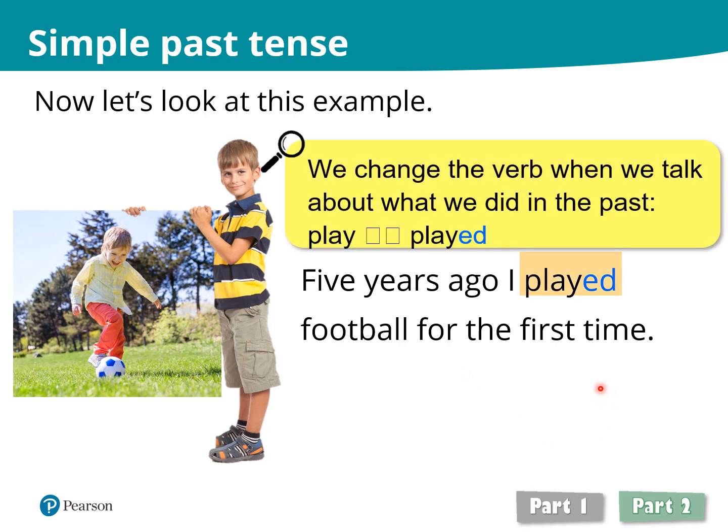We change the verb when we talk about what we did in the past. Play is gonna change to played. You only need to add an ed for a regular verb.